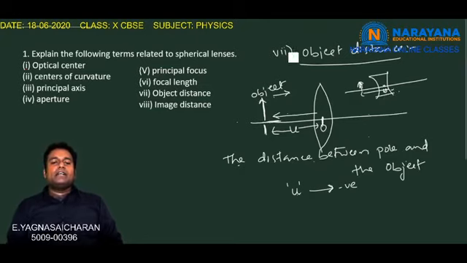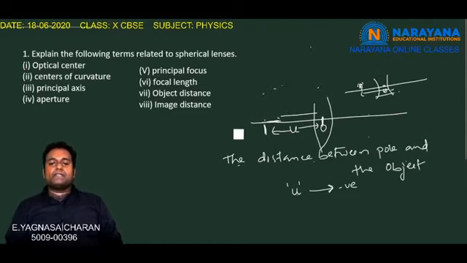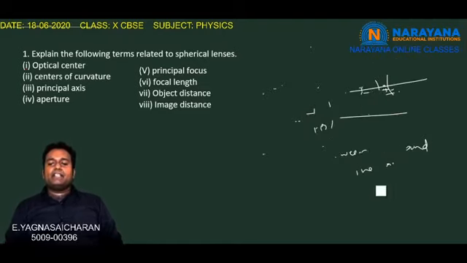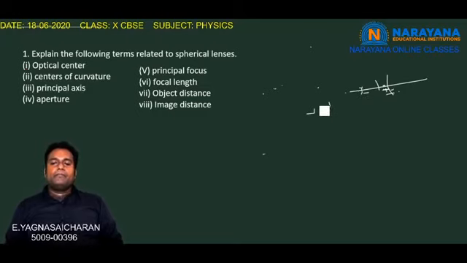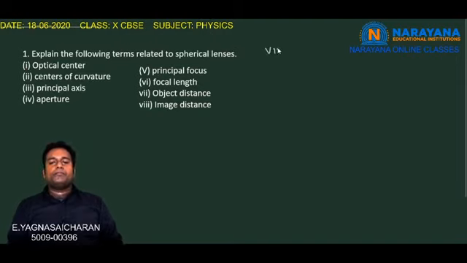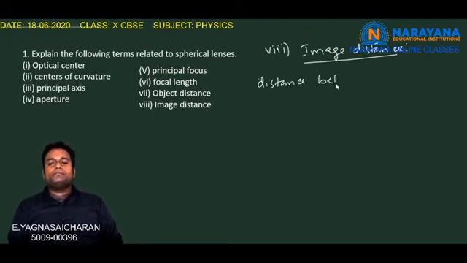So let us go on with the last one, that is image distance. So let us consider the last definition, that is image distance. So image distance is the distance between pole and the image.